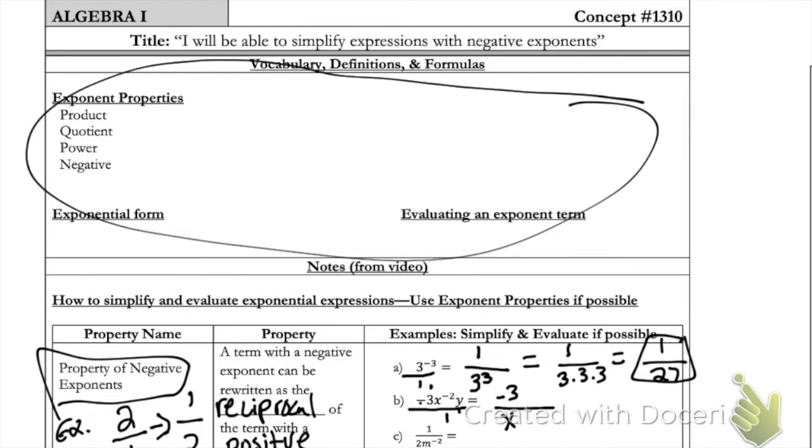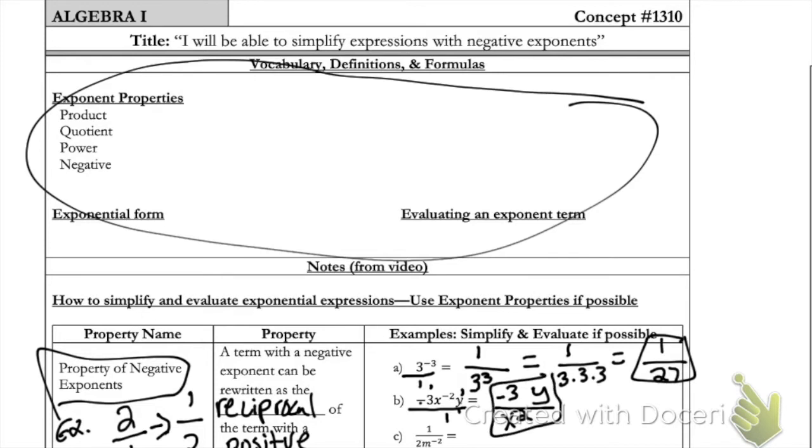I can do that as long as I drop the negative sign, so instead of x to the negative 2, it will be x to the positive 2, x to the second. The y here is raised to the first power. That's a positive number, that's good to go, so I'll leave it where it is. So now my final answer here would be negative 3y over x squared.